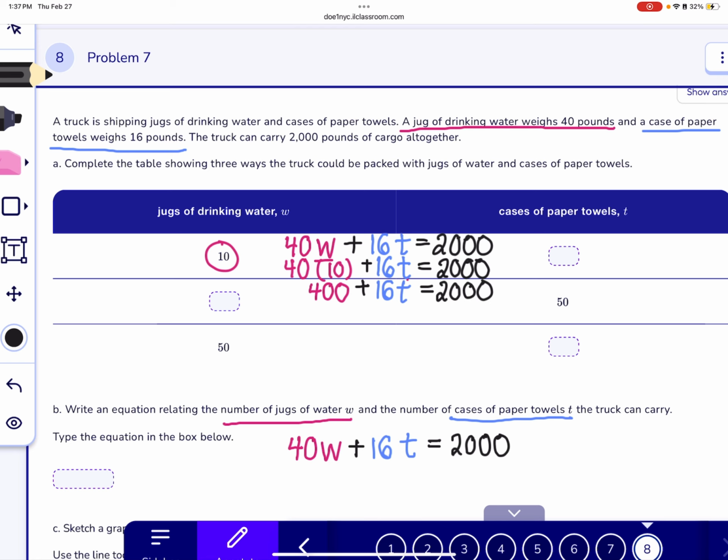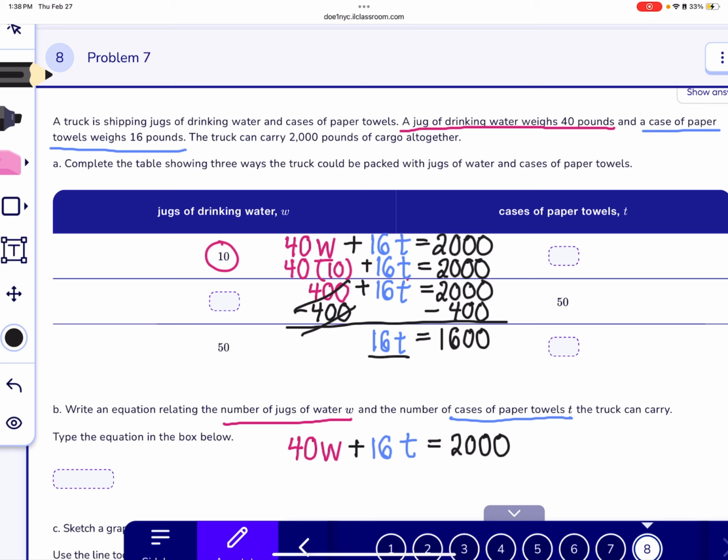I'm going to show this step by step, and we're going to subtract 400 on both sides, which really leaves us with 16T on the left side and 1,600 on the right side.